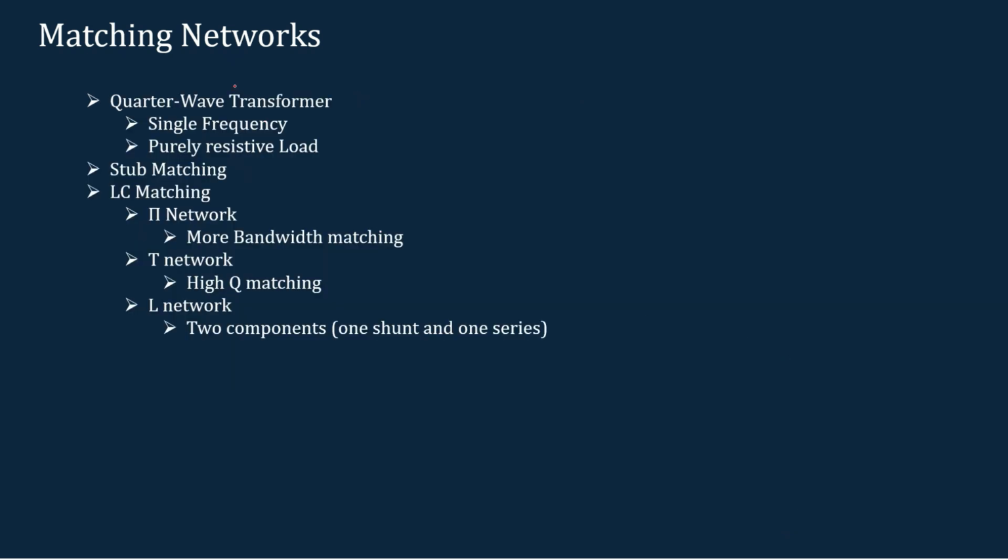Some of the important matching networks are the quarter wave transformer. This is mainly used for single frequency matching if the antenna impedance is purely resistive. Next one is stub matching. It can be single stub matching, double stub matching, etc. Another one is using lumped elements like inductors and capacitors. They can be a pi network, where the components are aligned in the shape of a pi, and this is mainly used if we require more bandwidth matching.